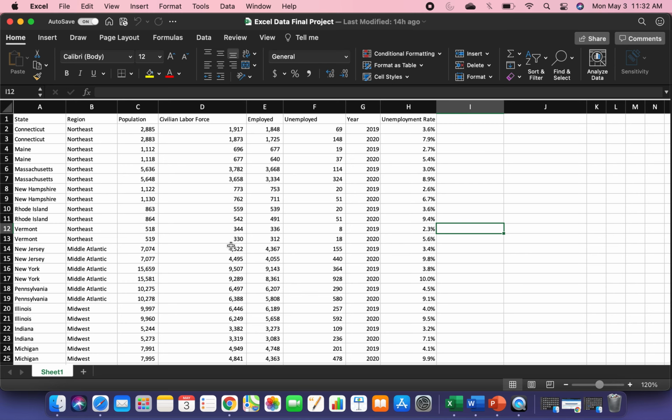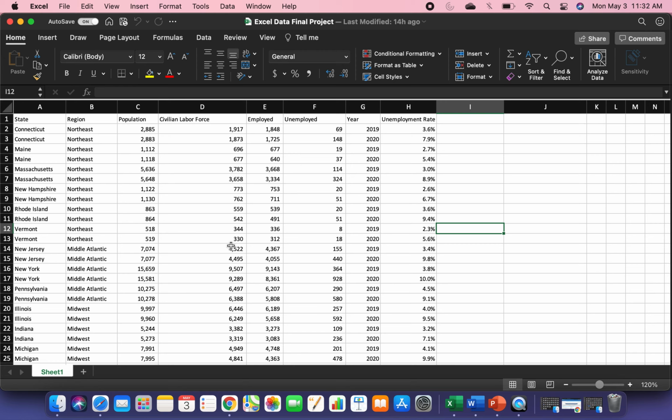And if many of you do not know what the civilian labor force is, it is the sum of the civilian employment and civilian unemployment. And these individuals are civilians, not members of the armed services, who are age 16 years and older and are not in institutions such as prisons, mental hospitals, or nursing homes.